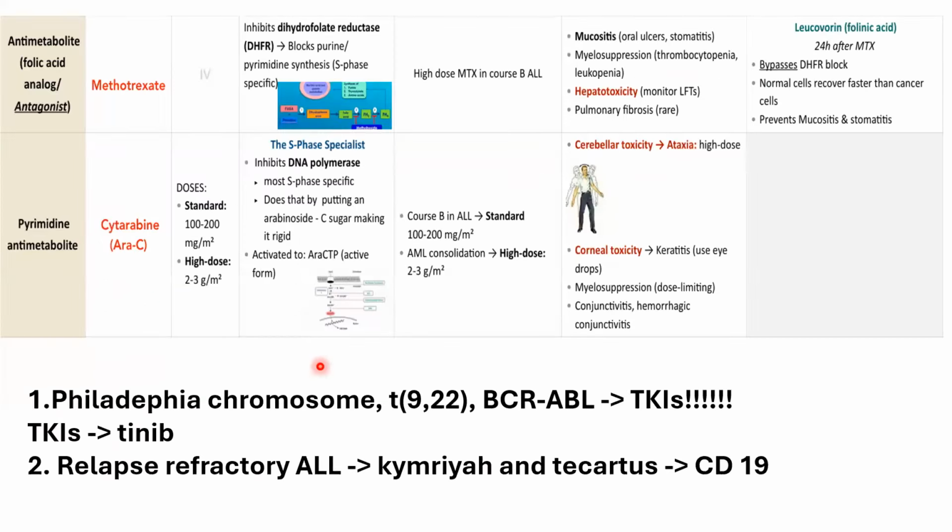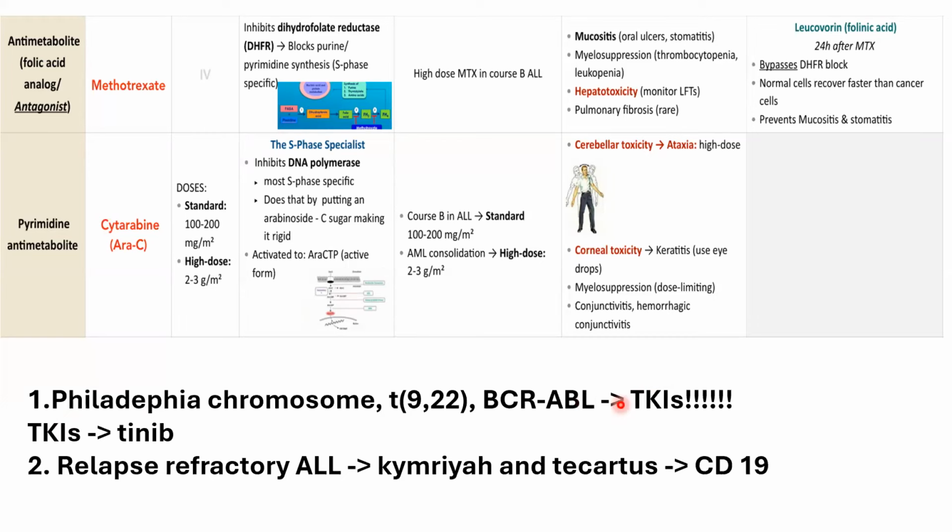One really important point that you need to take away from this lecture, okay, is that if you have a cancer where the patient tests positive for the BCR-ABL gene mutation, or in other words, they have the translocation 9;22, or in other words, the Philadelphia chromosome is involved, because all of these three terms mean the same thing, then if this is the underlying genetic cause of the cancer, the treatment changes.